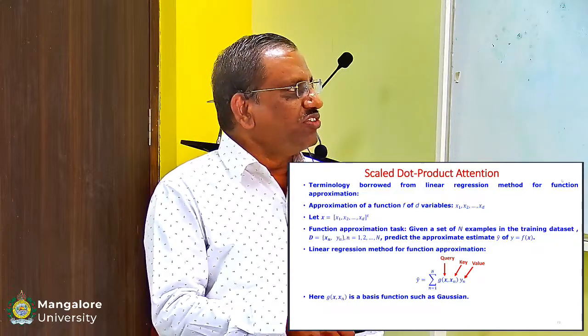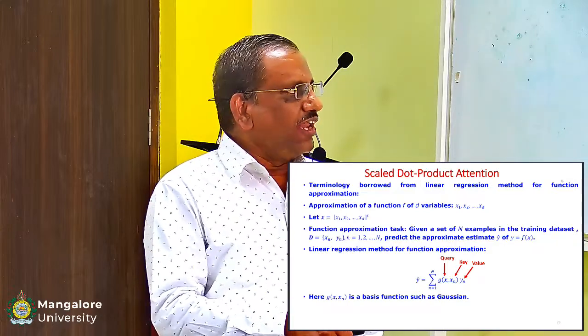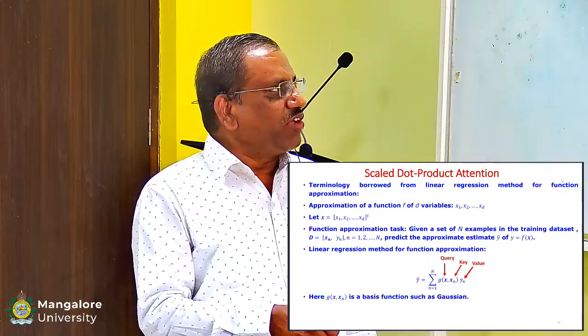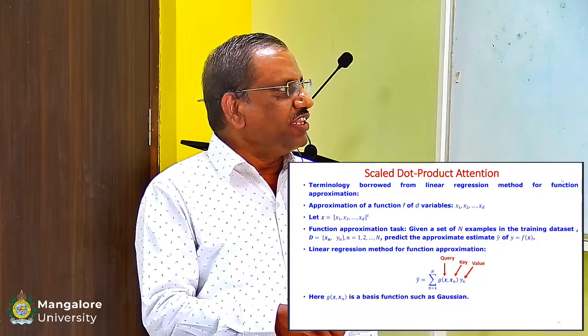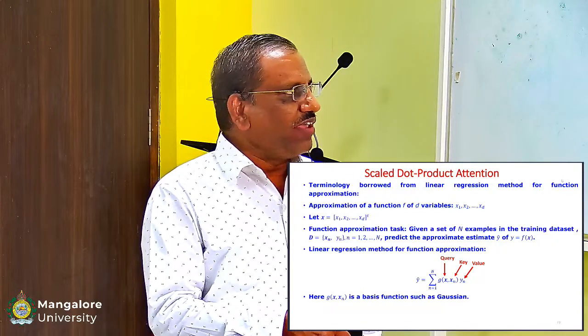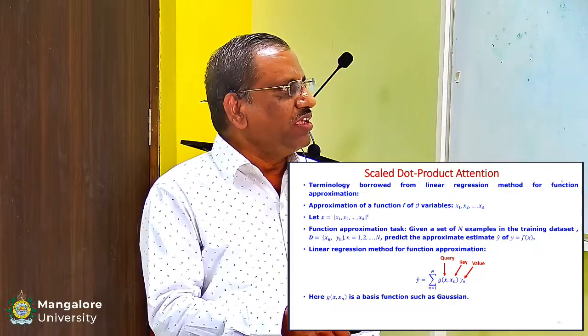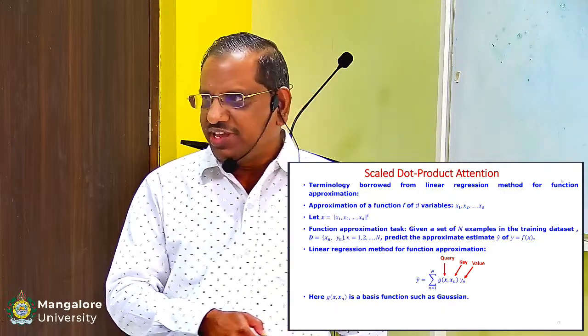Each of these xn is what is called the key, and each of these yn is what is called the value. So basically, for any given query x, I generate this prediction output y as a combination of the relation between the query and key, which is multiplied by the value for the xn.